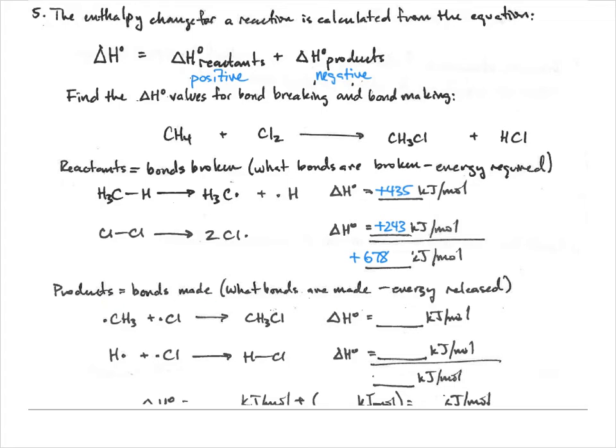Now for the products, we're looking at the other half reactions. Notice here, in the forward direction, you're cleaving those bonds. Now to make the products, you're still looking at the same table, but the methyl radical and the chlorine radical combine to give you your product. So what number should I write here?